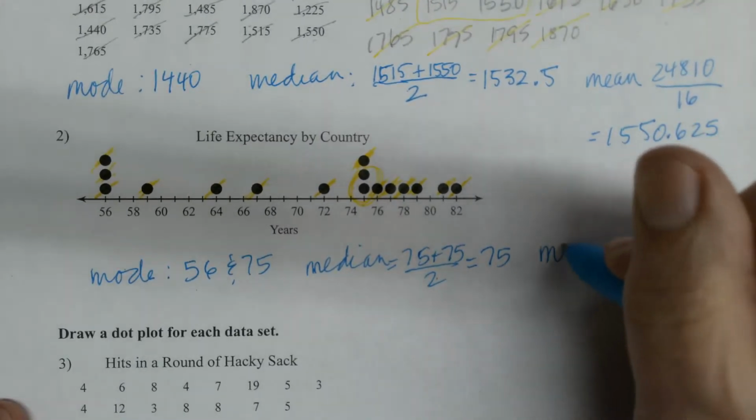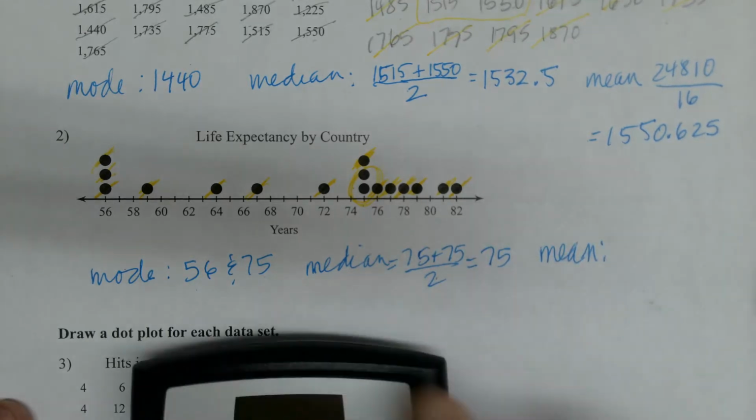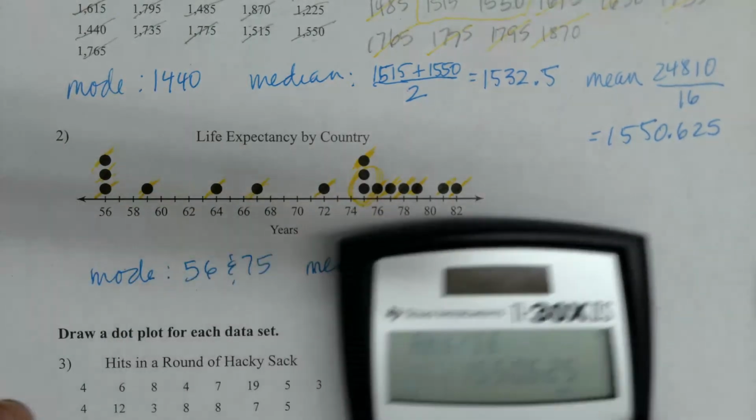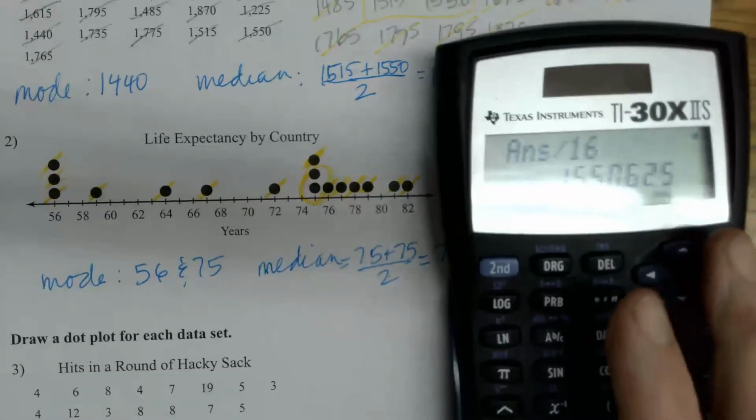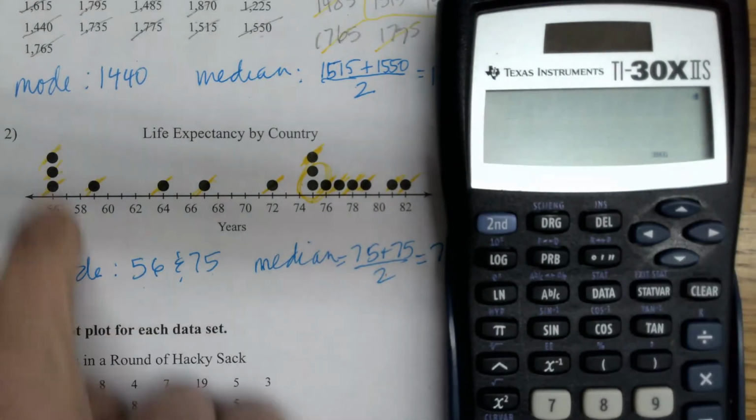Now when I do my mean, again, I'm going to be adding everything up. But when it's in dot plot form, I don't have to add each individual one because I know how many 56s I have.